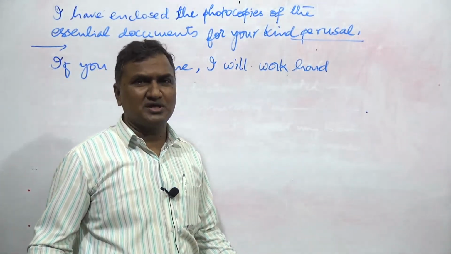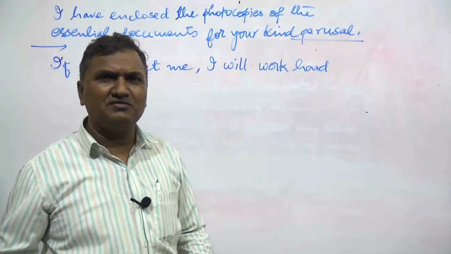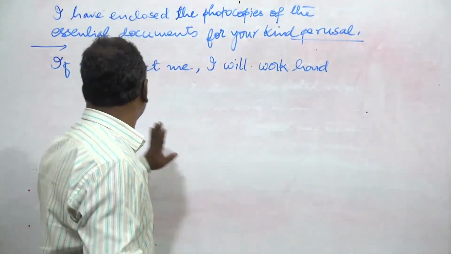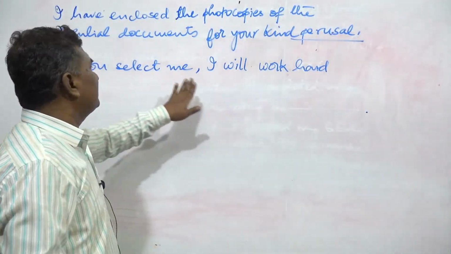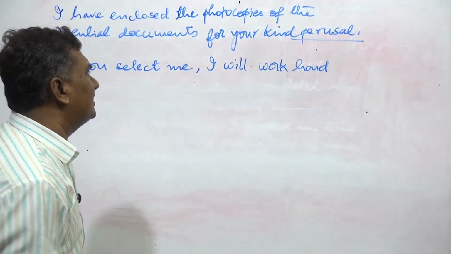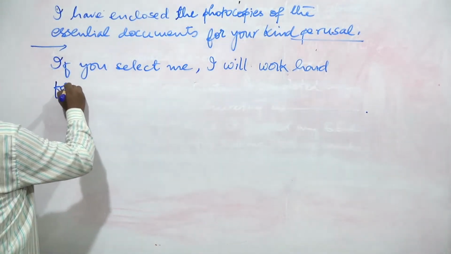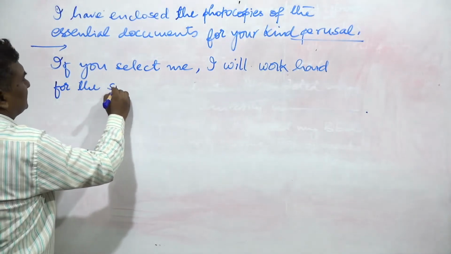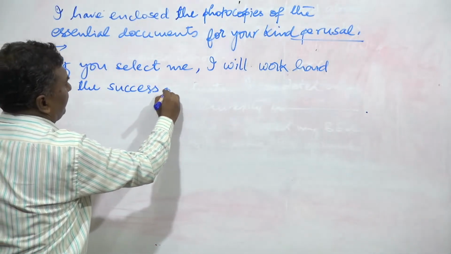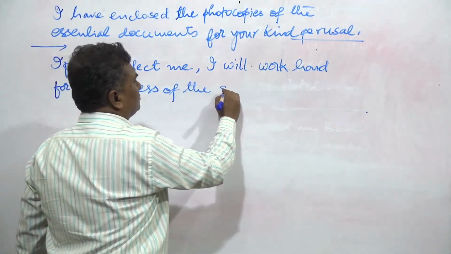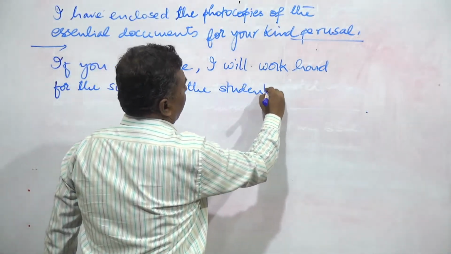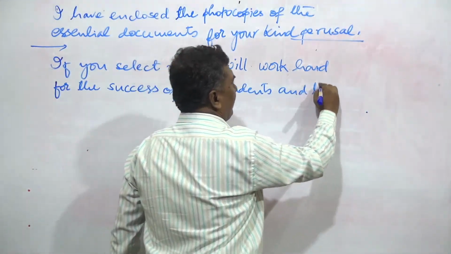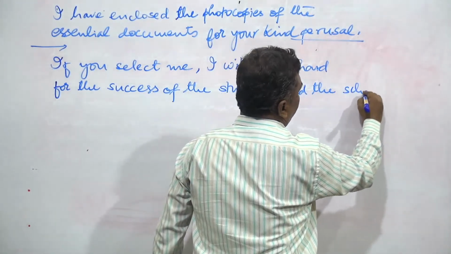I promise to work. I pledge to work. Such kind of high-flown language you can use if you want. If you select me, I will work hard for the success of students and the school.